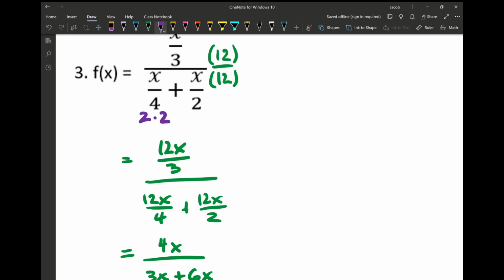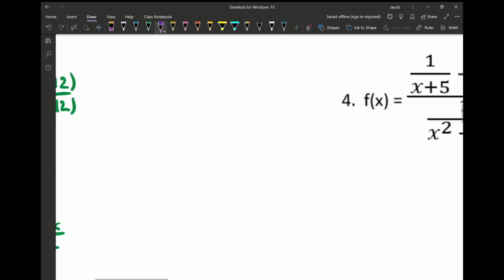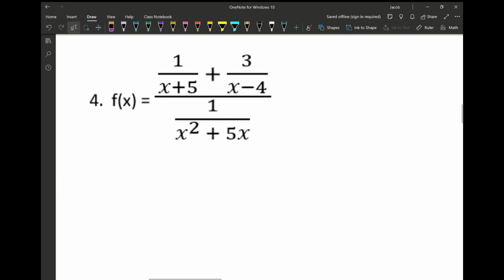So we know that there's a 2 in common between these two fractions, and there's no 3 in common between 4 and 2, but we'll use that 3 and both of those 2's to find the least common denominator, which ended up being 12. So if we can notice what the least common denominator is in these binomials, then we can essentially do the same thing.